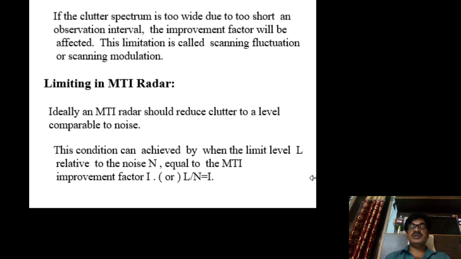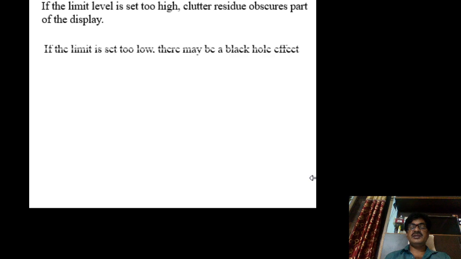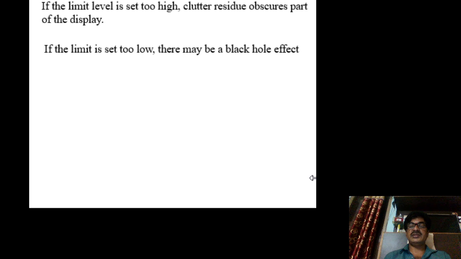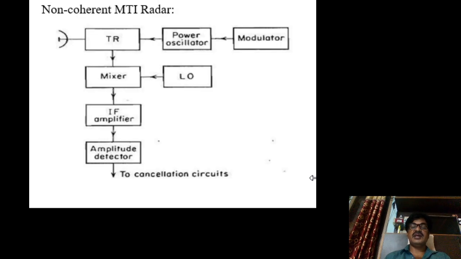In general, to get the improvement factor, the limit level with reference to noise is L divided by N equals I. Otherwise, if the level value is too high, even desirable targets are unable to be displayed. If it is too low, because of the clutter effect, a black hole is the result. So these are considered the limitations with reference to MTI radar.